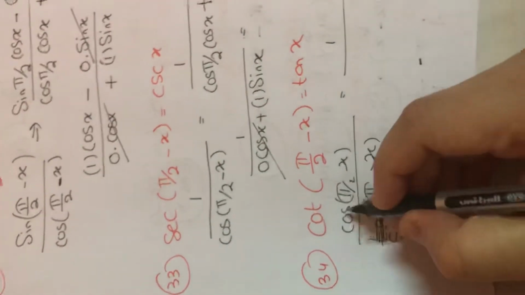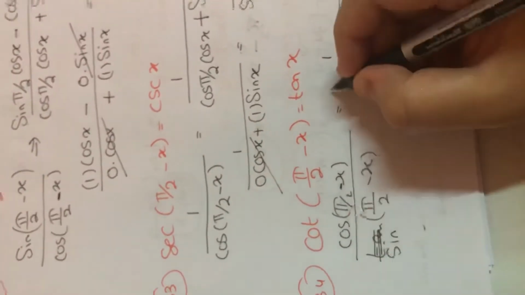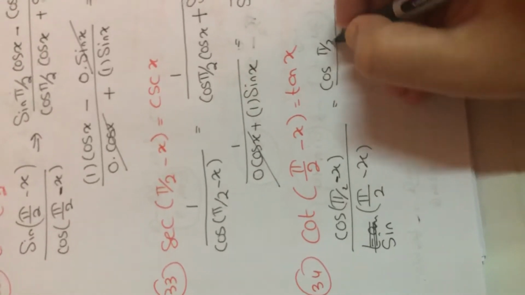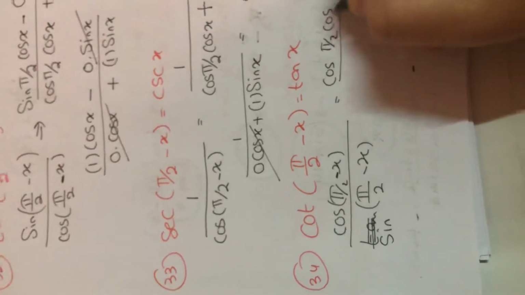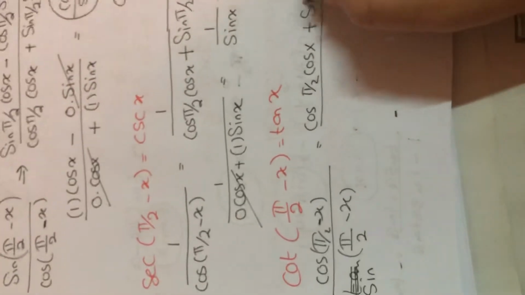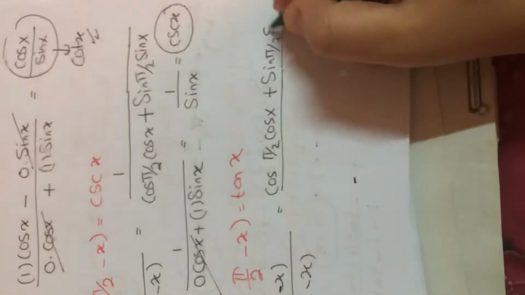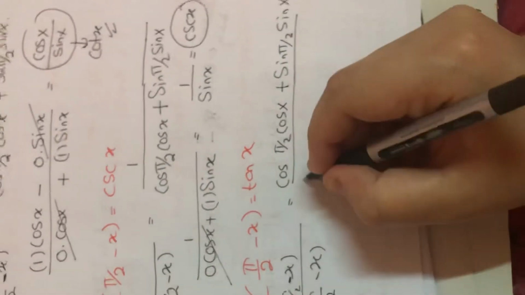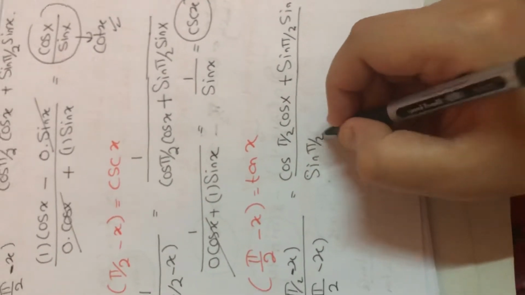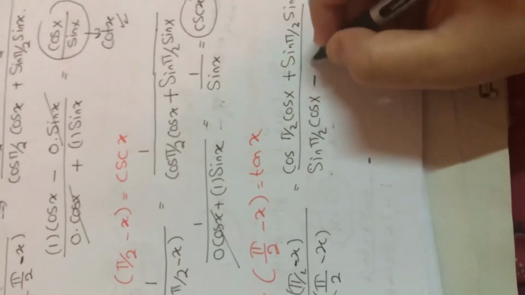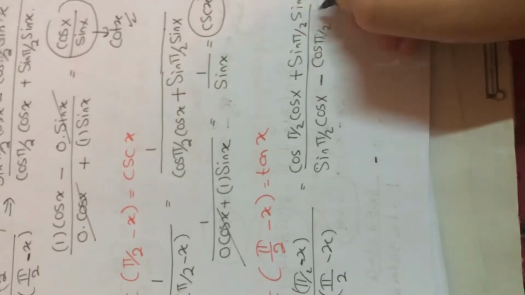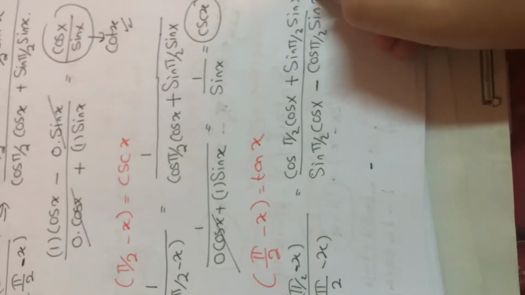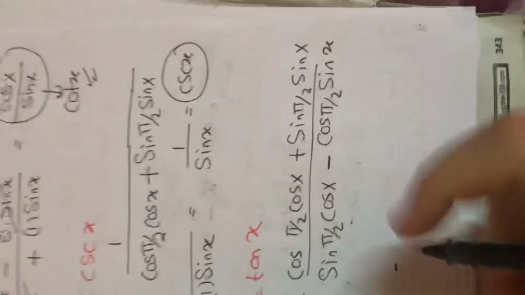But for you, cosine is cosine cosine, so cosine pi over 2 cosine x, and then the opposite sign, sine pi over 2 sine x, and the sine is sine pi over 2 cosine x, and the same sign, cosine pi over 2 sine x. So let's evaluate and simplify. We will end up with tan x for sure, because this is a cofunction identity that we know is true.